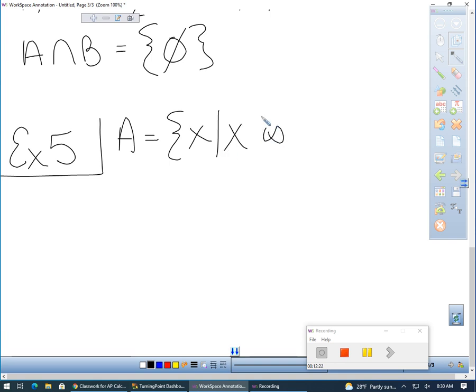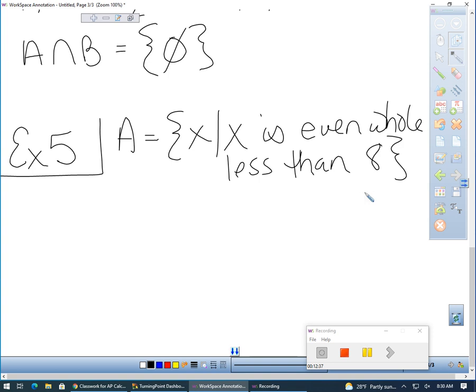X is even whole numbers, that means they have to be positive, less than 8. And let's say set B is 6, 8, 10, and 12.